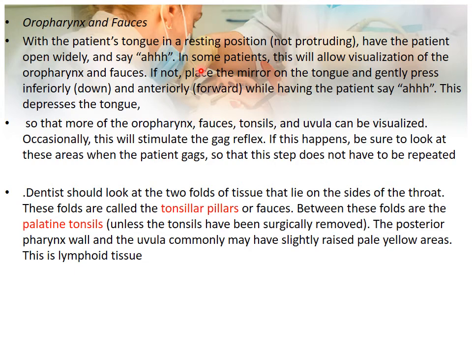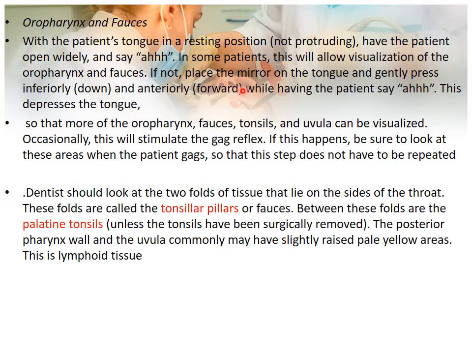Here the dentist should look at two folds of tissue that lie on the side of the throat. This is called the tonsil pillars. Between these folds are the palatine tonsils. Some patients may have had them surgically removed.